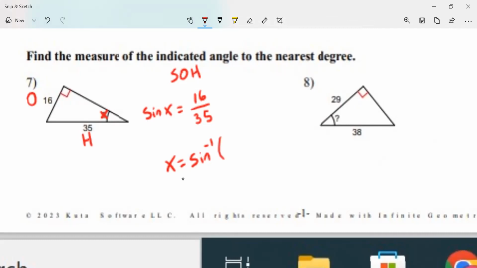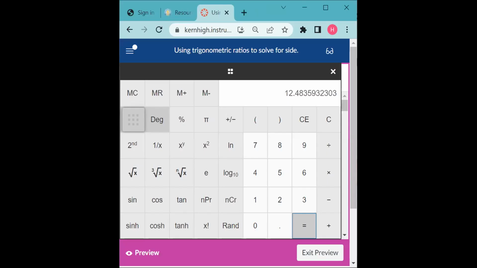As a matter of fact, let me put inside parentheses here, 16 over 35. Like I said, I'm calling it sine inverse. Some people call it arc sine. Okay, but there, I just need to type that in. So let me bring on my calculator here. And then here I'm like, I don't see sine inverse.